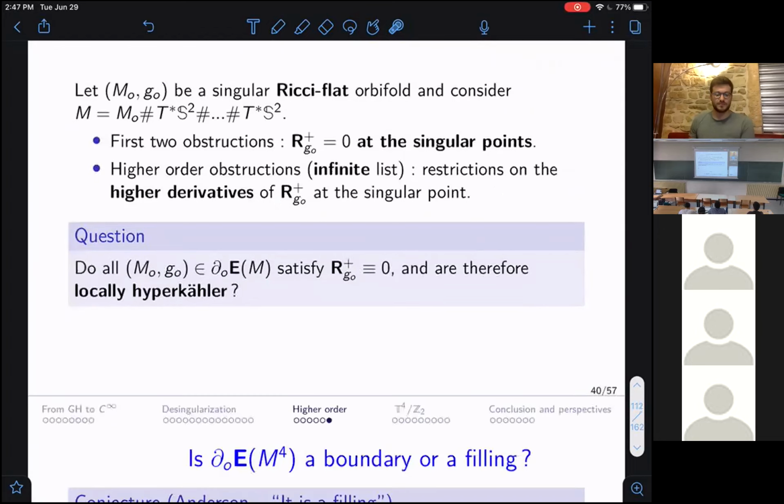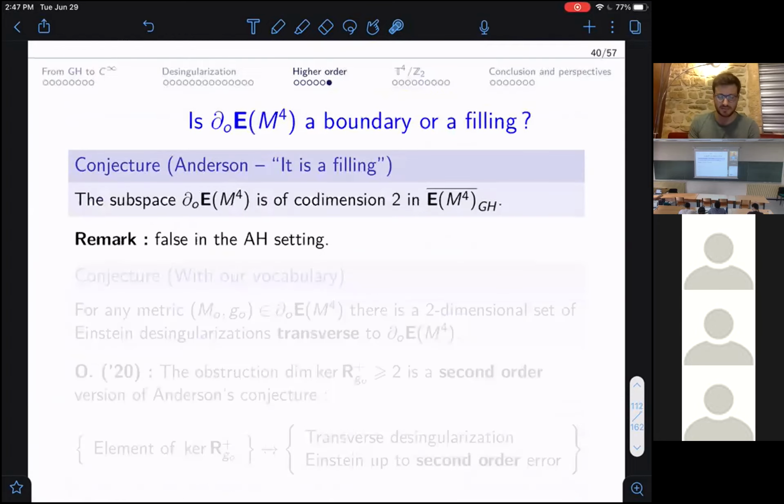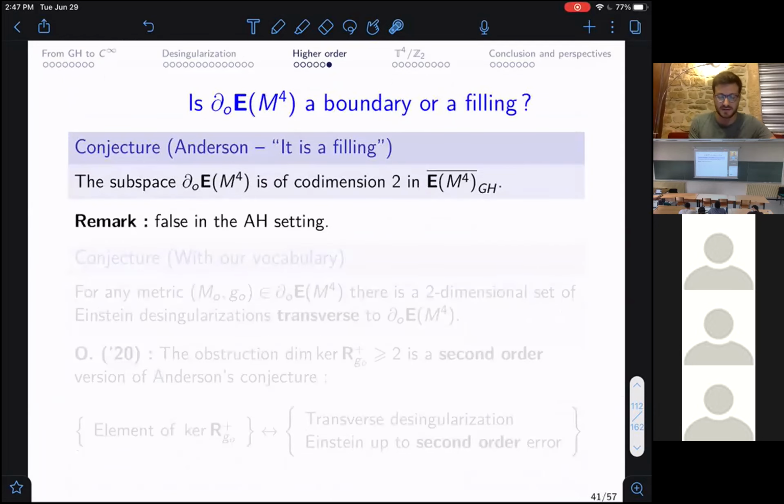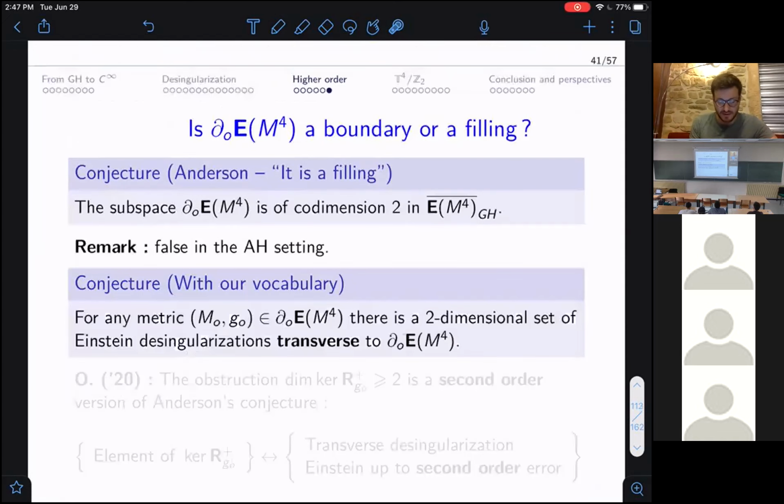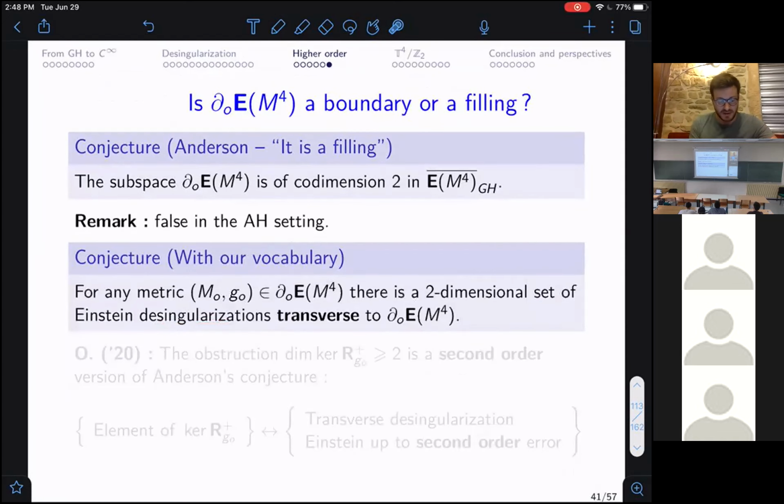Another theorem, another question, that we partially answer is this question of Anderson saying that the singular set is of codimension 2. First, this is false in the asymptotically hyperbolic setting, with the same counterexample. And this can be rewritten, just the same conjecture with other words, as: there exist desingularizations which are transverse or orthogonal to the boundary of the moduli space.